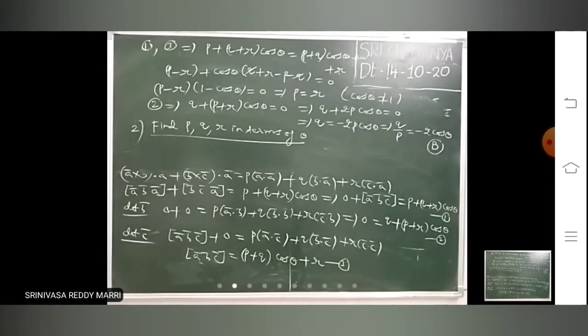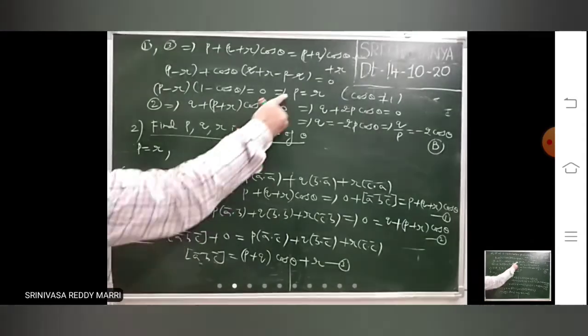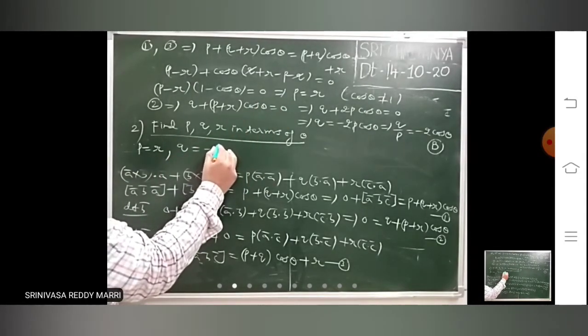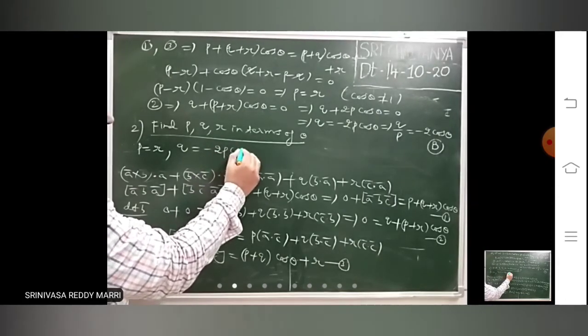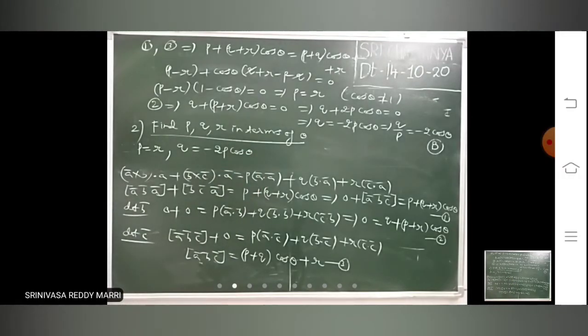Now if you observe, you got two relations: P equal to R and Q equal to minus 2P cos theta. Now first I want to find what is P.